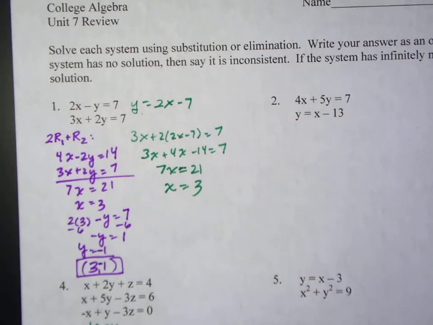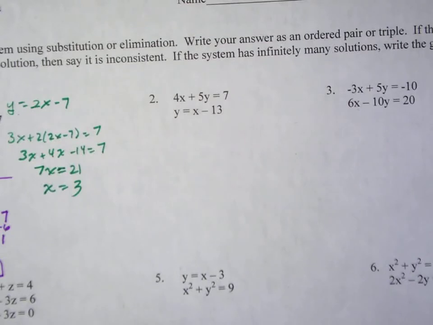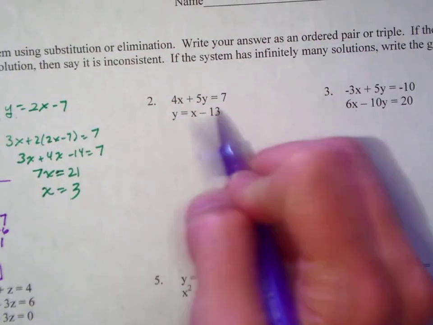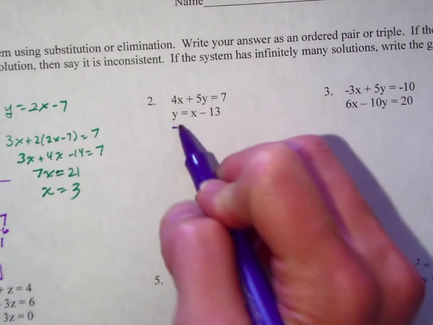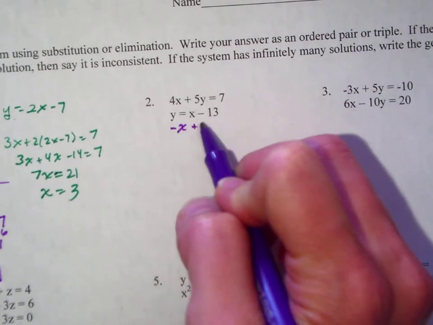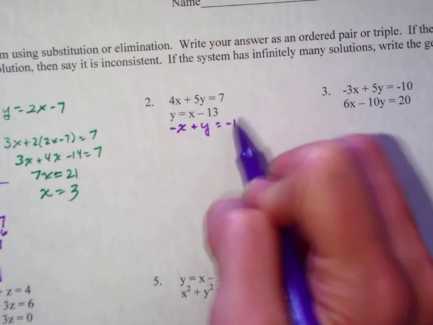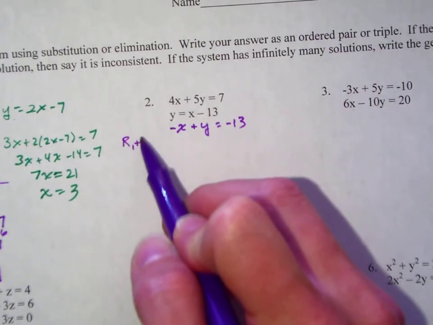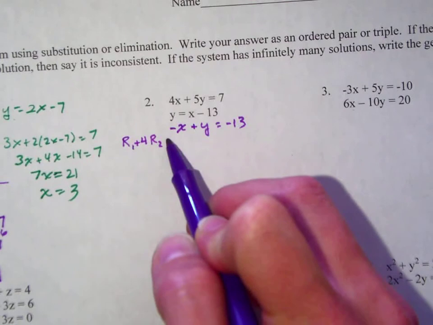Okay? And then for number 2, for this one, I would use substitution, but let's say you decided you were going to use elimination. If you were using elimination, we would want to get the x's on one side, so negative x plus y equals negative 13, and what you would do then is row 1 plus 4 row 2.